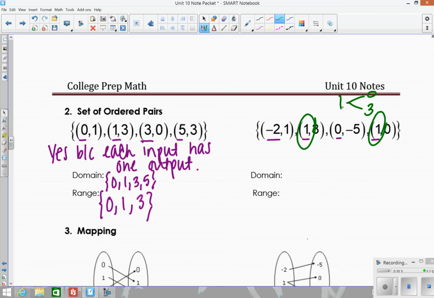So this one input has two different outputs, and it's easy to see because when you scan and just look at the x values, if you ever see repeated x values, you've got to check those y values. As long as they're different, that means that you have an input that has two different outputs. So one input going to multiple outputs means it can't be a function. So this is not a function because 1 has multiple outputs.